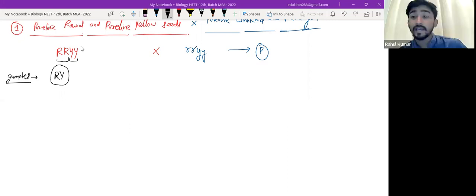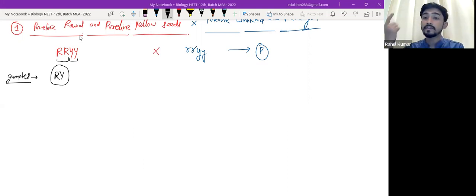So with a pure line parent containing 2 characters and 2 alleles for each character, for round pure line, capital R is there. And for yellow pure line, capital Y is there. When these parents make gametes, in the gamete there will be information for both the characters.